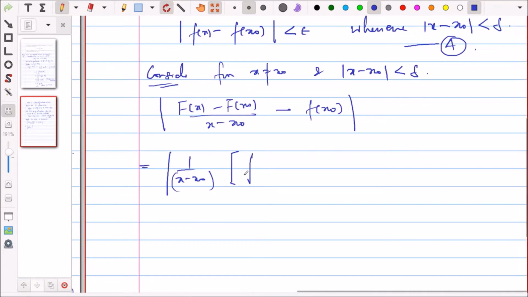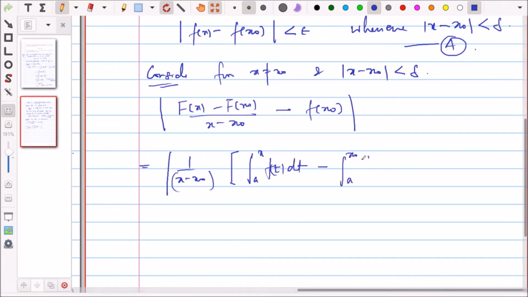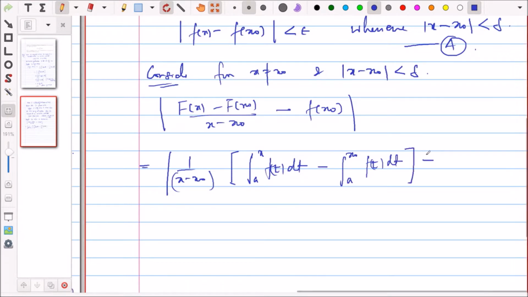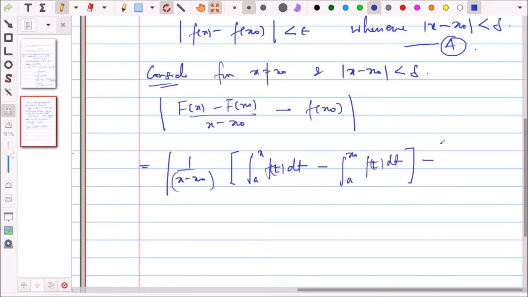F(x) is integral a to x f(t) dt minus integral a to x naught f(t) dt minus, now this I can write as, यही trick है यहाँ पे, this is the trick that we are going to use.